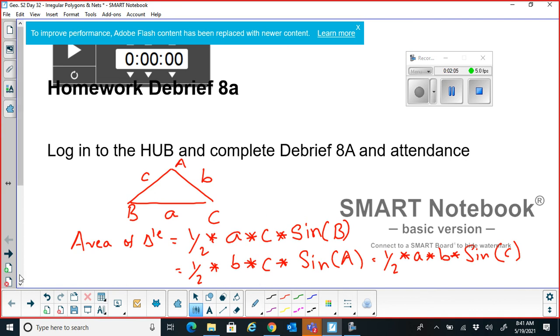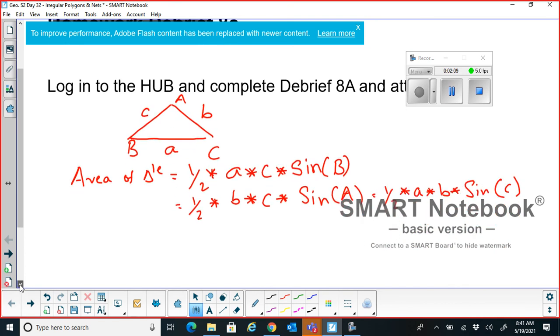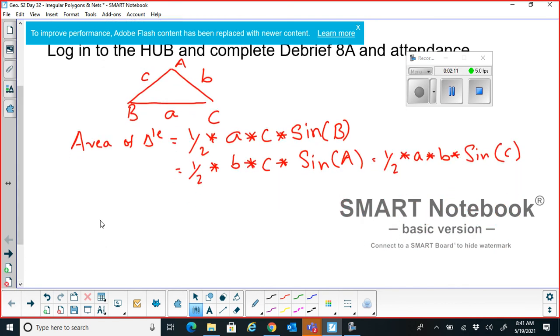For that, let me do one problem real quick so you can observe. Supposing I have a triangle like this and they just give me these two sides, like this is 6 and this is 7, and they give me this angle as 60, and they ask me the area of this triangle.